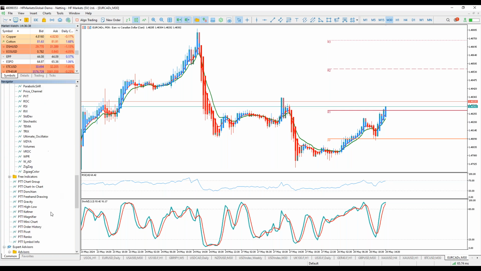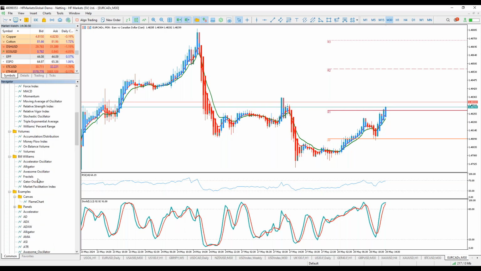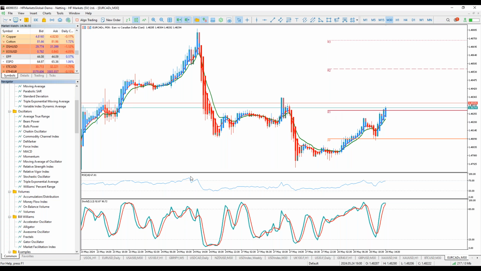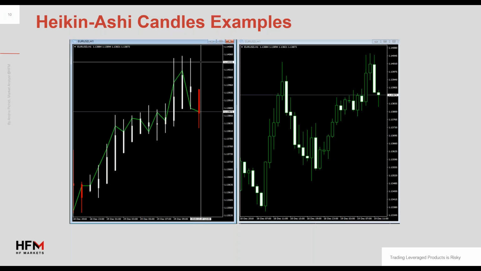In the MT5, it's by default, under the panels over here. If you have MT4, you need to download our premium traders tools, and we offer it over there for free. Yeah, so let's go back to our charts.